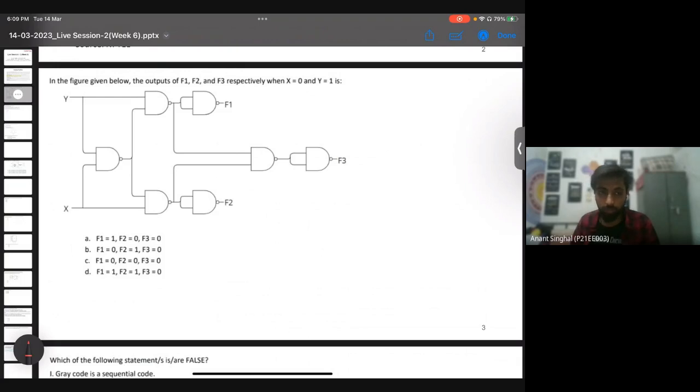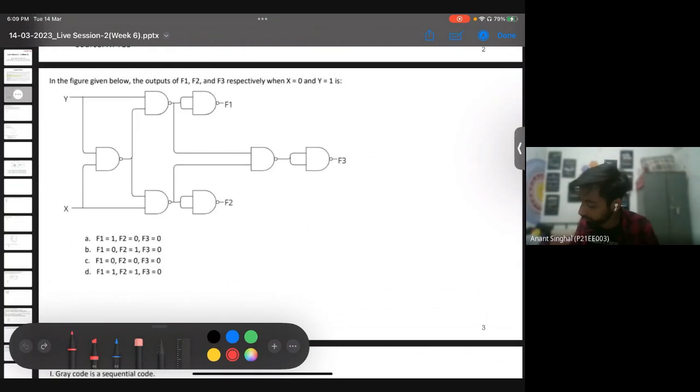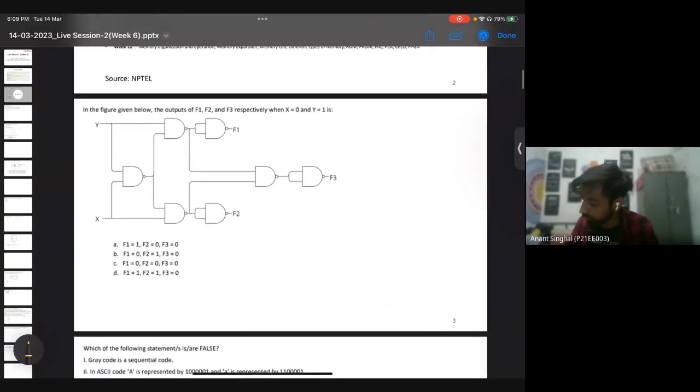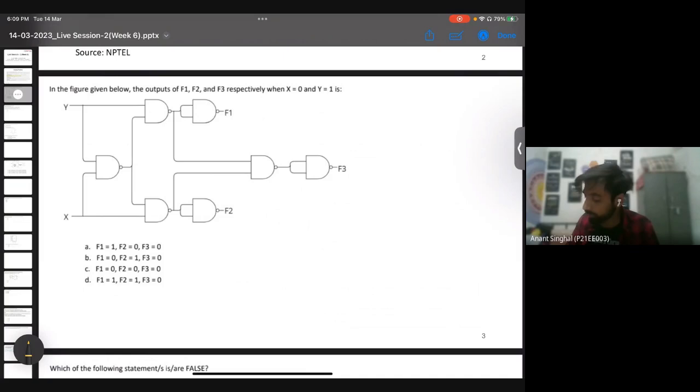F1 completes the circuit when y is greater than x, F2 is used when y is less than x, and F3 is used when y equals x. In this question, it has been asked that when x equals 0 and y equals 1, what will be the output of the circuit?